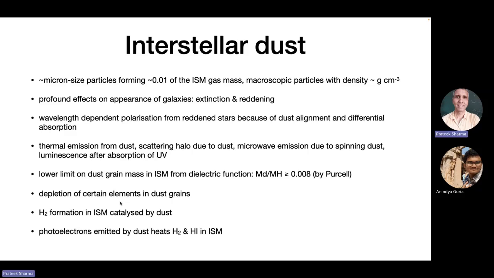The interpretation is that a lot of these abundant elements condense into dust and are reduced in the gas phase, which you observe in your absorption lines, for example. I already mentioned that molecular hydrogen is catalyzed by dust, and photoelectrons produced by dust can produce heating in the ISM. These are some of the important things. We'll slowly go through each of them one by one.